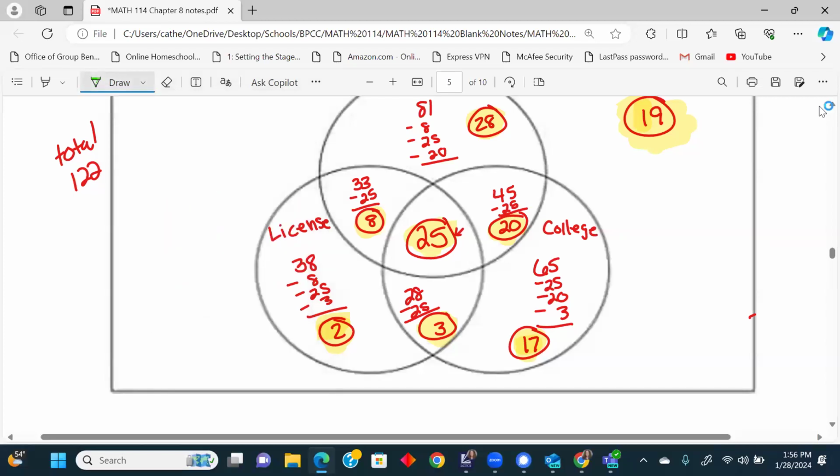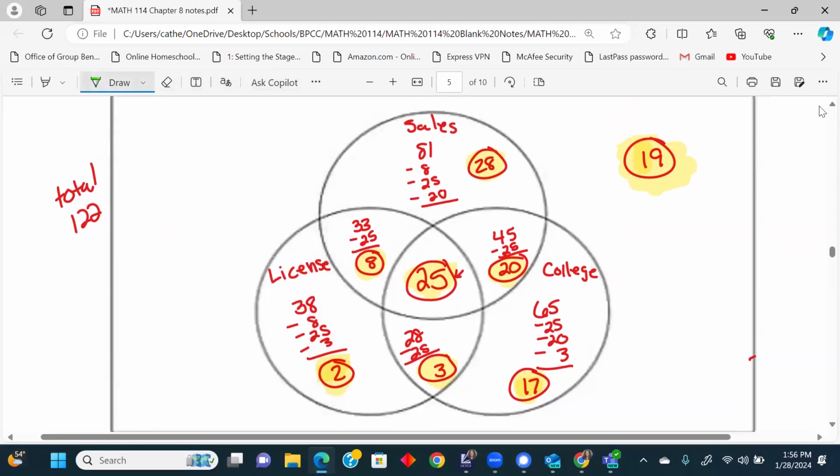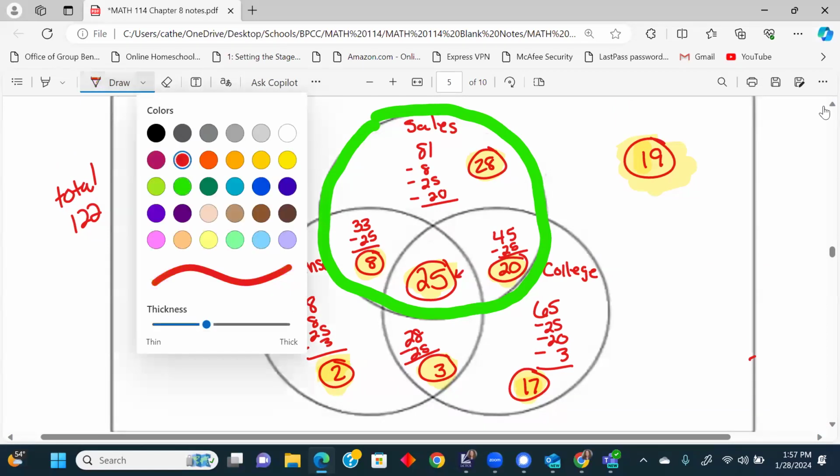All right, so how many did not have sales experience? I don't know how this is going to work out when I try to erase it. All right, so not sales, outside of sales. What numbers are outside of sales? The 19, the 2, the 3, and the 17. Okay, so 41, everything outside of sales did not have sales experience.